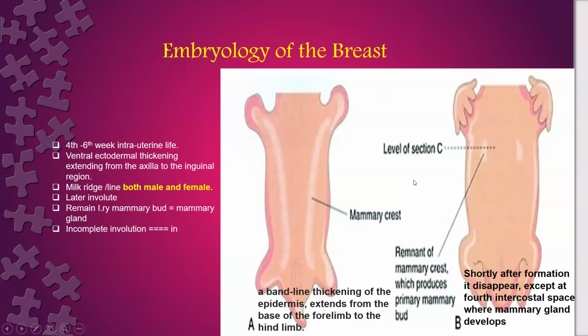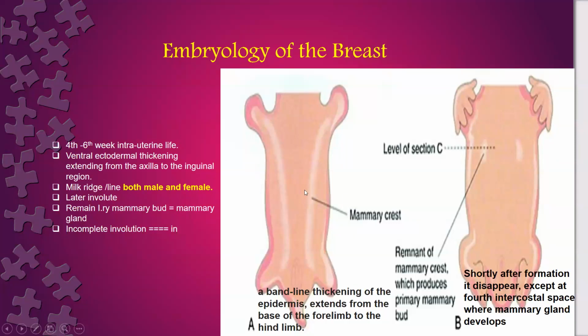Okay, we said the embryogenesis of the breast during antenatal life: there is development of pairs of bands of ectodermal thickening, starting from the axilla to the groin, bilateral.